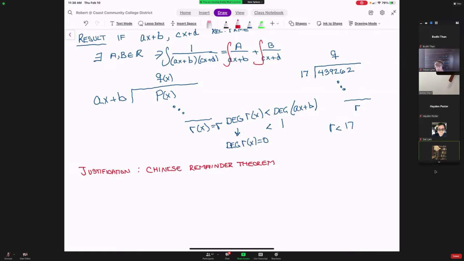We take 8 o'clock plus 8 o'clock, that's 16 o'clock, so that translates to 4 o'clock, right? Okay, so now the Chinese remainder theorem is not talking about o'clocks. I'm just saying that it has something to do with this kind of arithmetic.